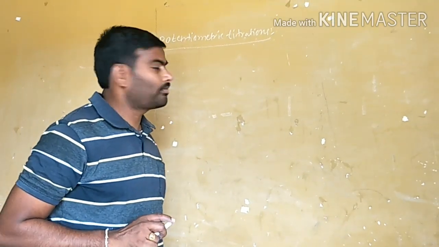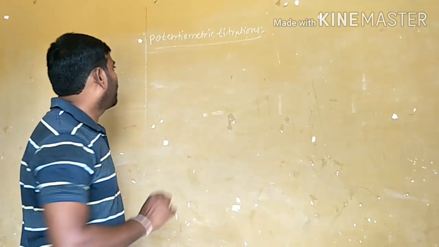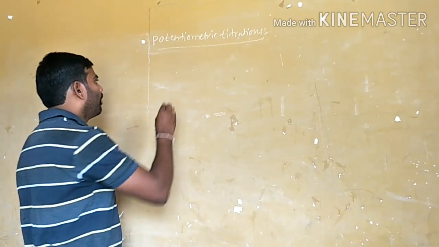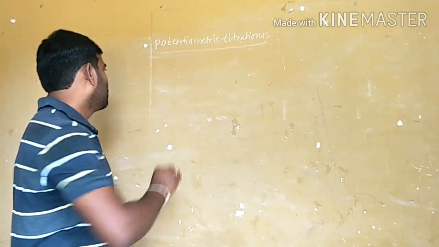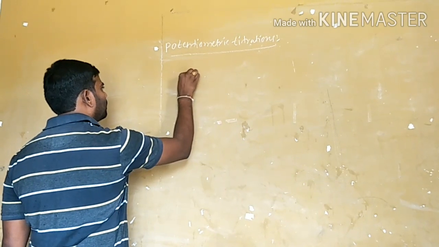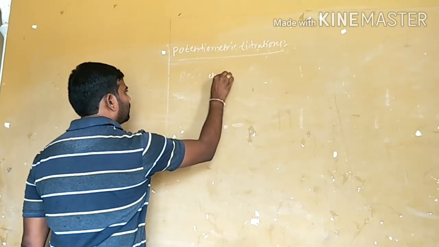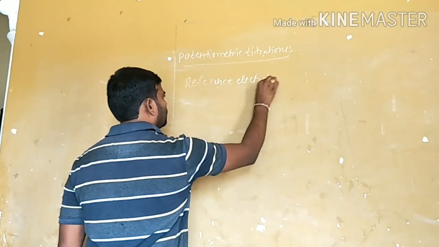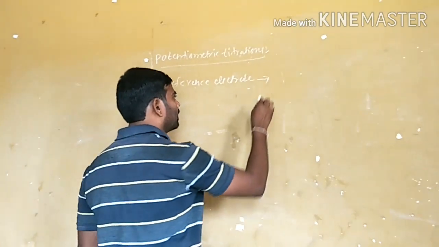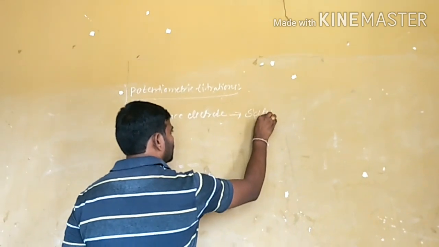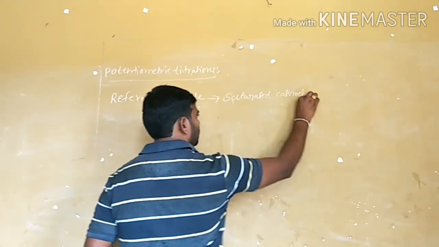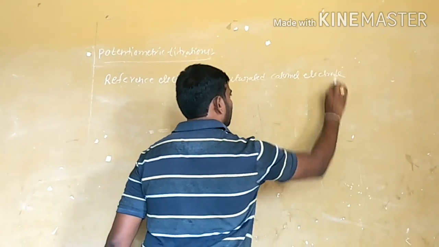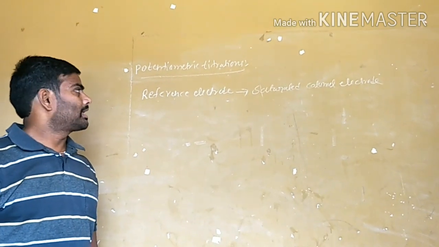In potentiometric titrations, we have to use two electrodes. First is a reference electrode. The reference electrode we are taking for the construction of the cell is the saturated calomel electrode.